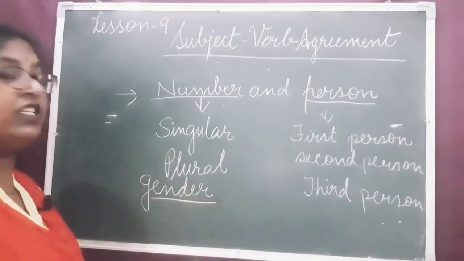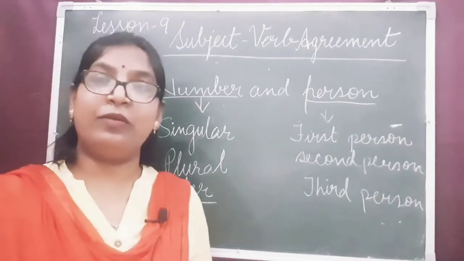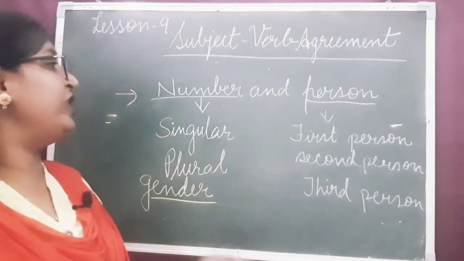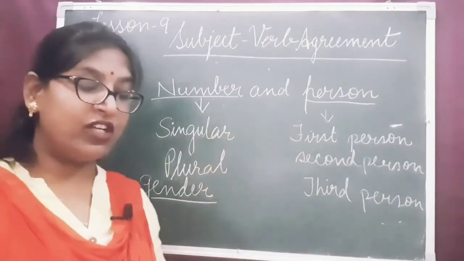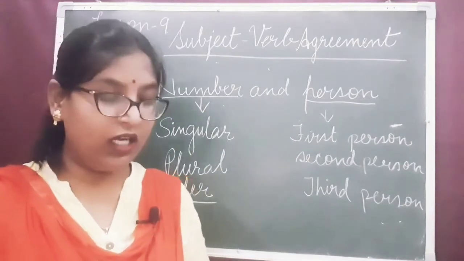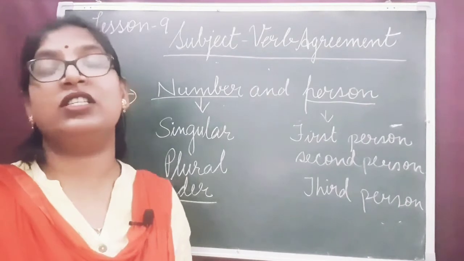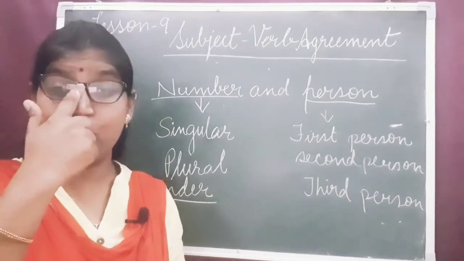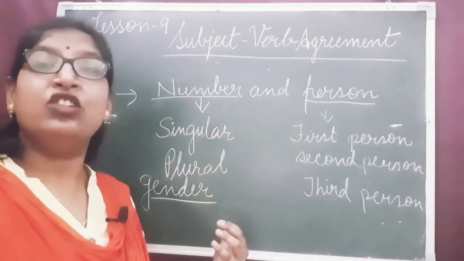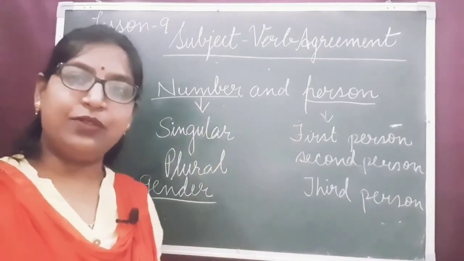Gender means whether it is masculine, feminine, common or neuter. These three terms, number, person and gender of the noun, also play an important role in the selection of personal pronouns. We select personal pronouns as per the number, person and gender of the subject.